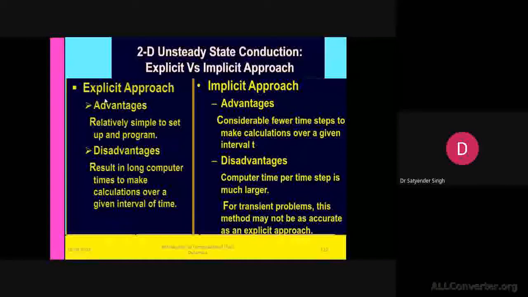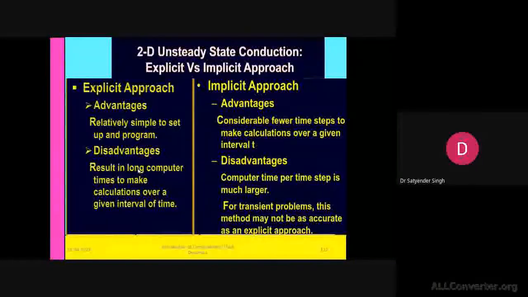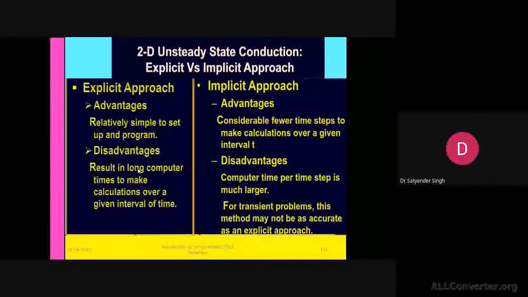So what advantage do we have in the explicit method? It is relatively simple to set up the program. The disadvantage is that it results in long computer times to make calculations over a given interval of time. As I mentioned, it takes all the information from the previous time level, and then only gives one value corresponding to P or the central point at the next time level, whereas if the information is available at all the nodes at the previous time level, it can be equally transferred to the next time level in the implicit method.